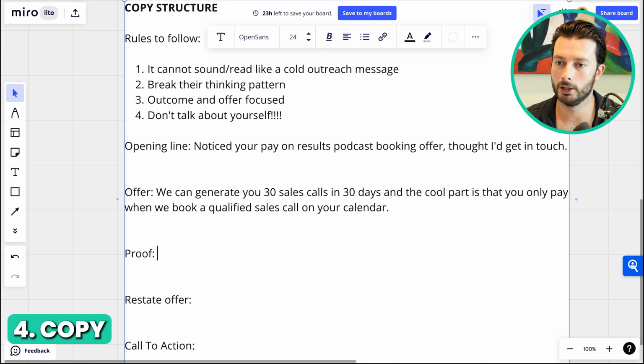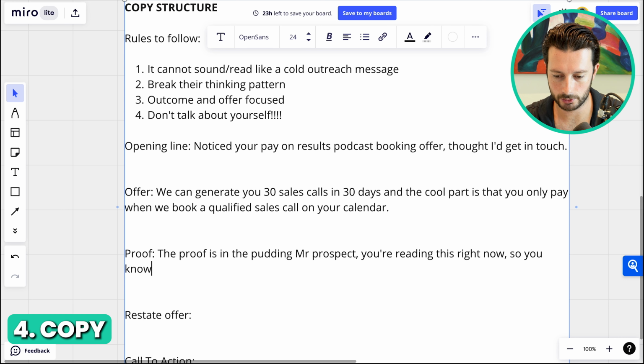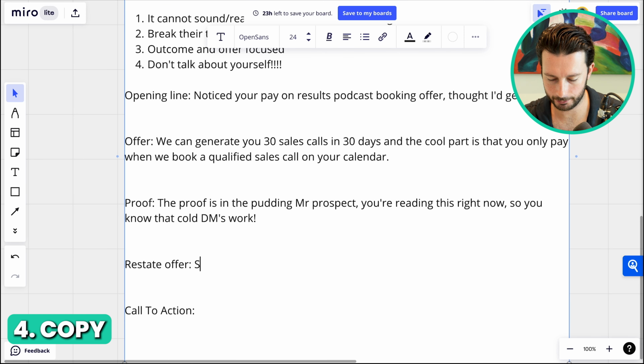Now, what you can do is you can say like, the proof is in the pudding. I don't know if that's an American term as well, but it's definitely an English term. The proof is in the pudding, Mr. Prospect. You're reading this right now. So you know that, and then we would basically insert the vehicle. So let's use DMs, for example. So you know that cold DMs work. Then you can restate the offer.